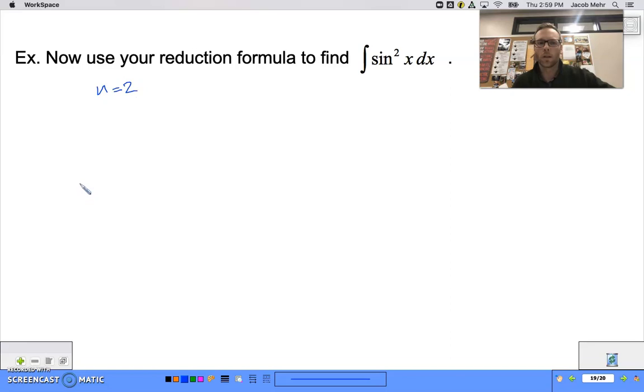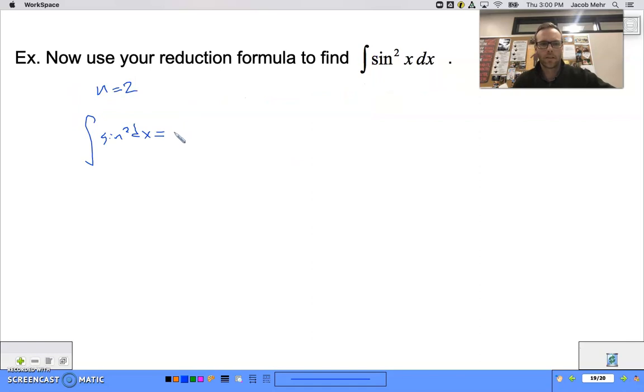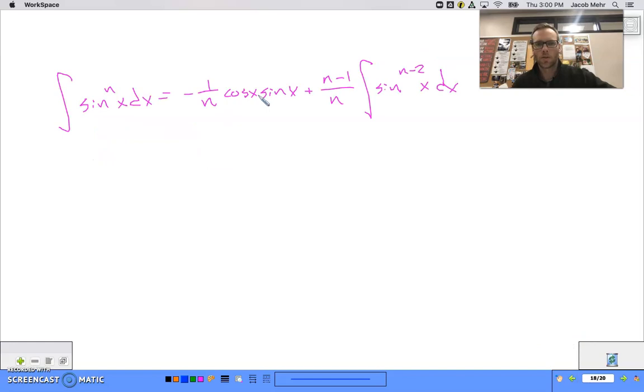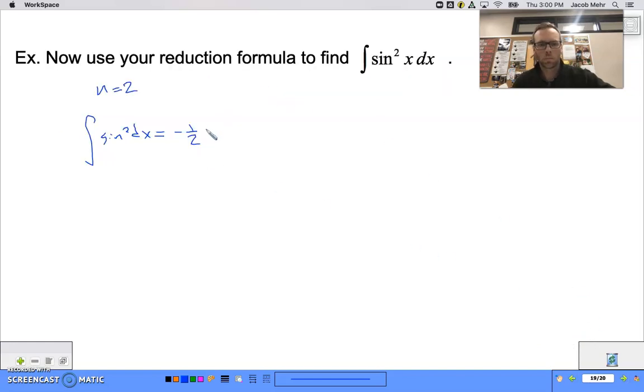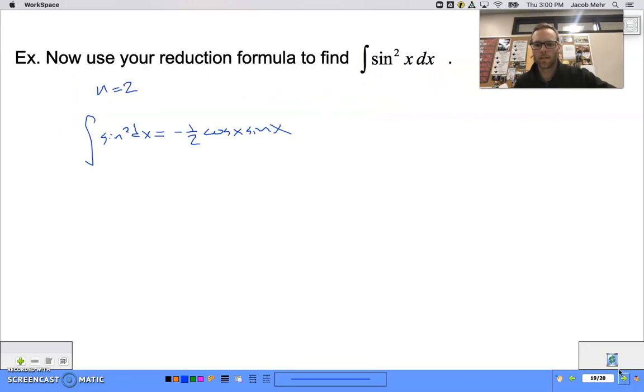So if we use our formula, the integral of sine squared of x dx equals negative 1 over n, negative 1 over 2, cosine of x, sine of x, plus n minus 1 over n. N is 2, so this is 2 minus 1 over 2, which is just 1 over 2.